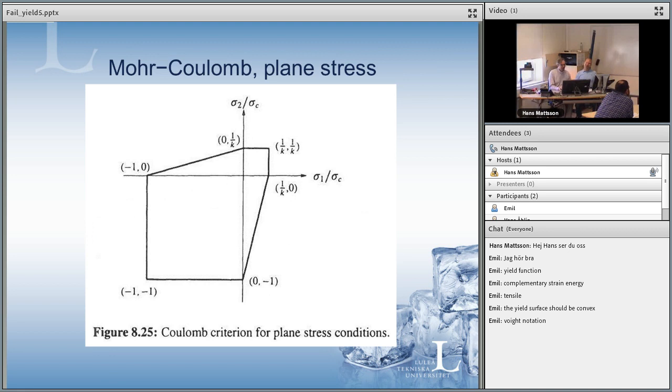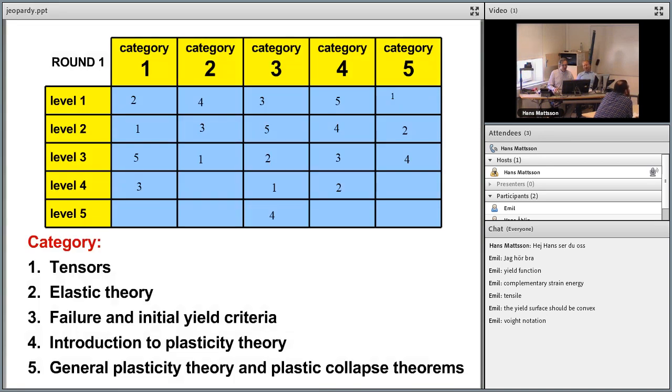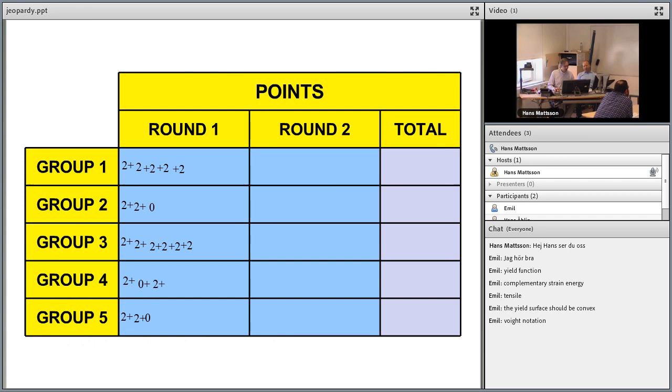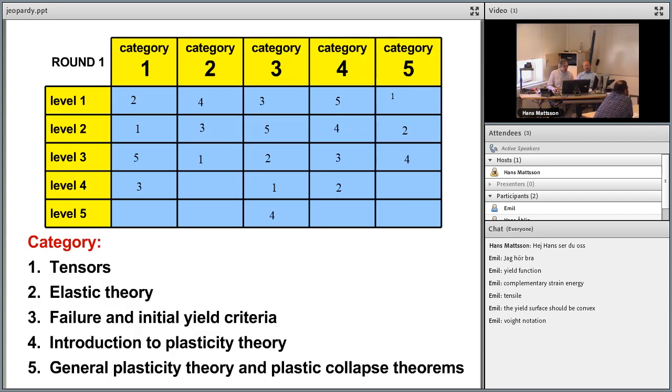But don't use the book next time. Now no books should be used, but it was very strong of group number 4 here. That takes an additional 2 points here. And then we go to group number 5.